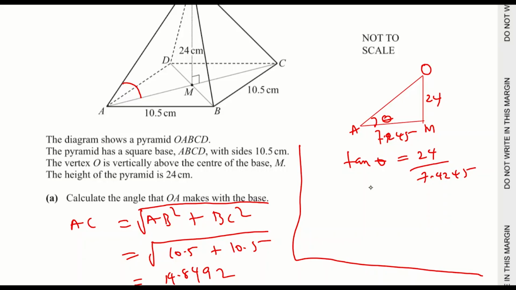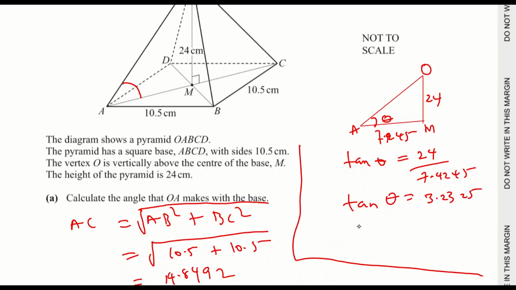If you divide this, tan theta should be 3.2325.